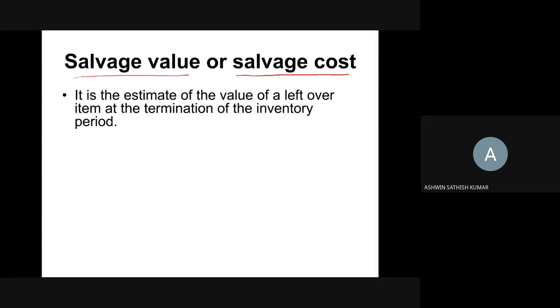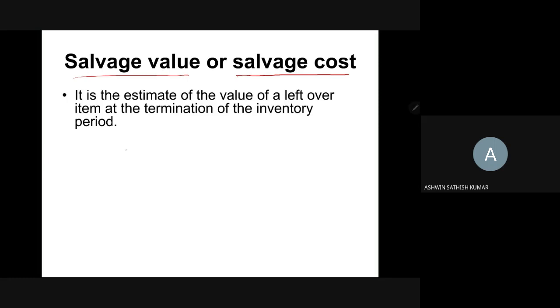For example, you have the cracker business. तो अब cracker business में sometimes for the safety purpose you have to destroy the cracker, or you can store for the next Diwali. So it depends over the item what you are doing. But if you are getting some amount, that is known as the salvage value. If you have to spend some amount, that is the salvage cost.